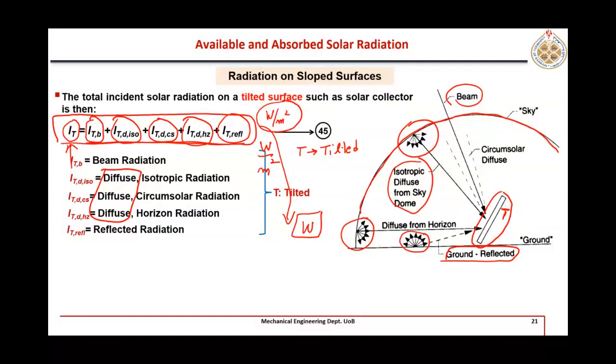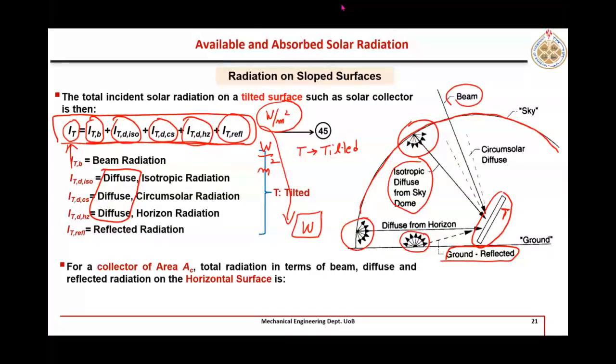So if we write it in terms of watts, we need to introduce areas. Now this radiation is falling on that area of collector, so we shall multiply it with the area of collector, because this total radiation is falling on that area.